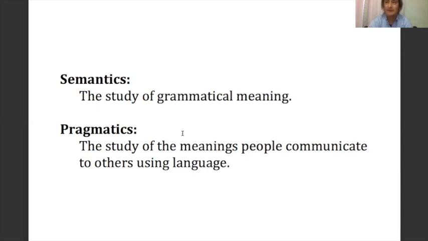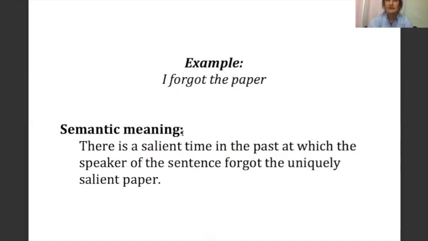Sometimes pragmatics and semantics fit perfectly. The semantic meaning of a sentence is exactly what you want to convey, exactly what you want to communicate pragmatically, and so the message that you communicate is exactly the message that's encoded in a sentence. But sometimes they come apart.